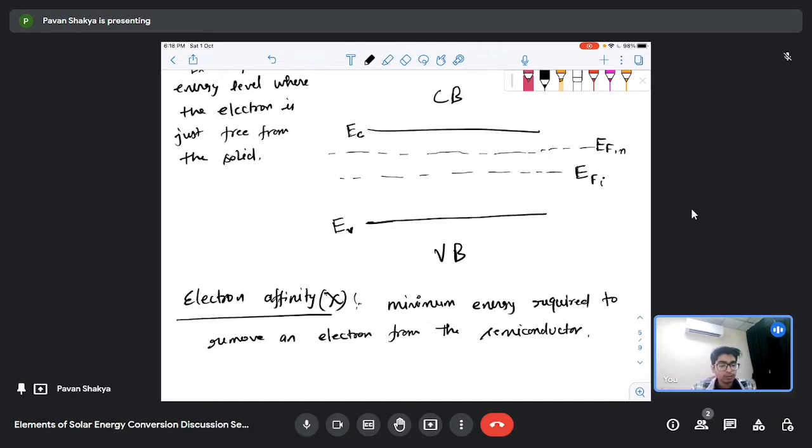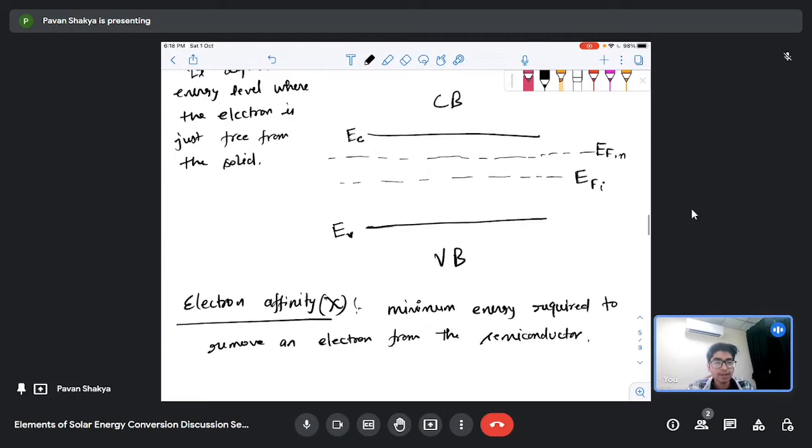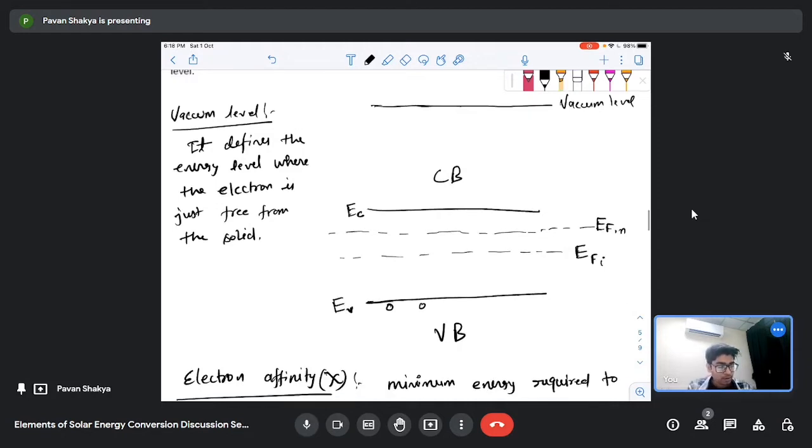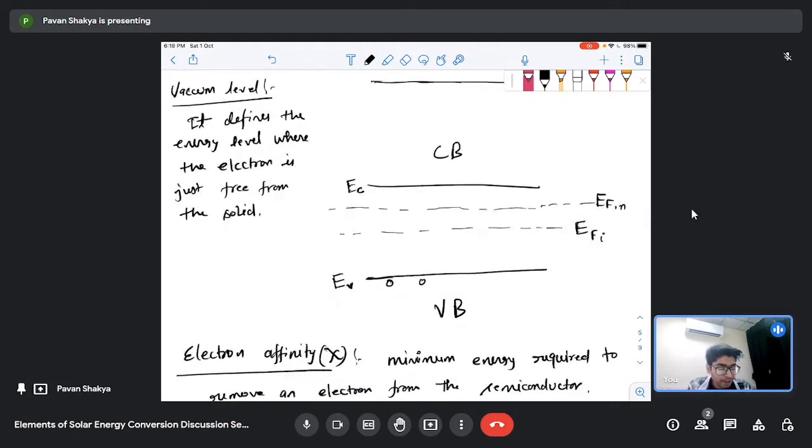Okay, so in the semiconductor there will be holes in the valence band and there will be some electrons in the conduction band.